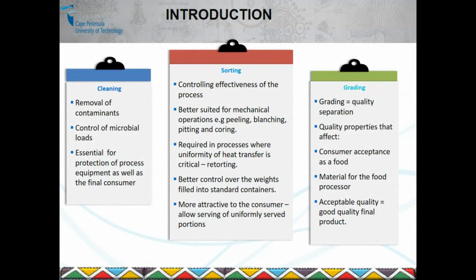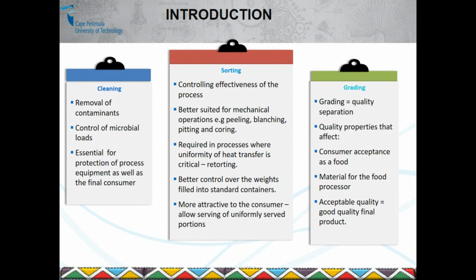So when we spoke about cleaning, we said cleaning is a unit operation in which we want to remove or separate the contaminants from the raw materials, because these contaminants may cause people to get sick, or they may also cause ill health, right?